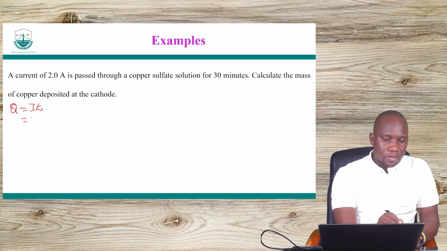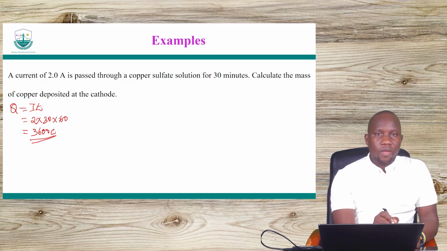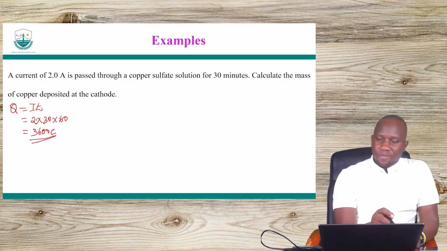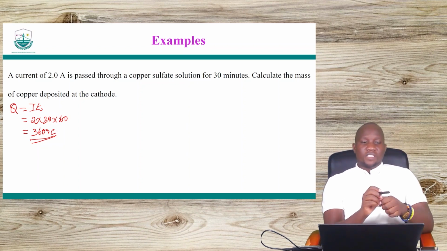You get 2 times 30 times 60, because the time has to be in seconds. So this will get 36, and then plus the 2 zeros. Okay, so what mass is deposited?